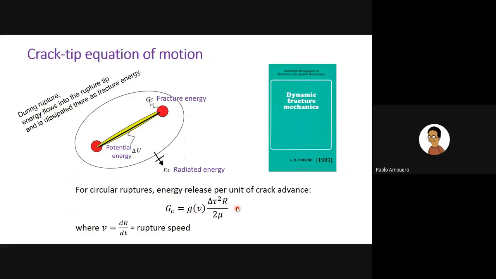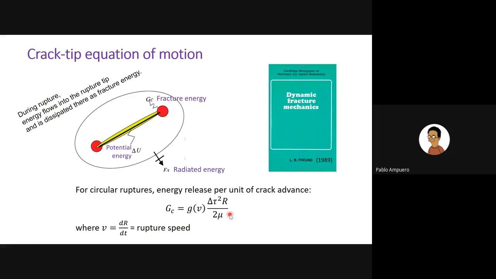And that's what we have on the right-hand side here. And it involves a few parameters of the problem. G is a known function of rupture speed. V is the rupture speed. R is the radius of the circular rupture. Delta tau is the stress drop, and mu here is the shear modulus.